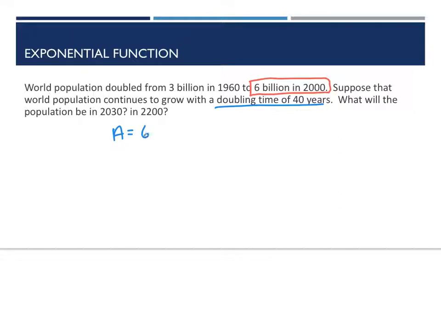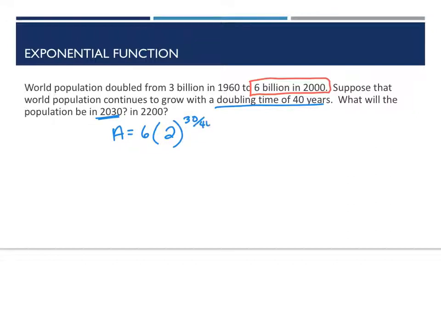If we use the 6 as our original value, and we're doubling, then when I go to write my fraction to figure out what the population will be in 2030, I don't have to do some math off to the side to figure out how many years is that later, because 2030 is 30 years after the year 2000.